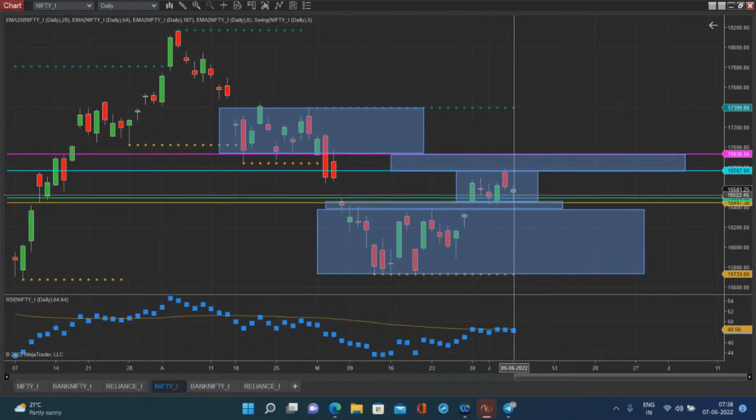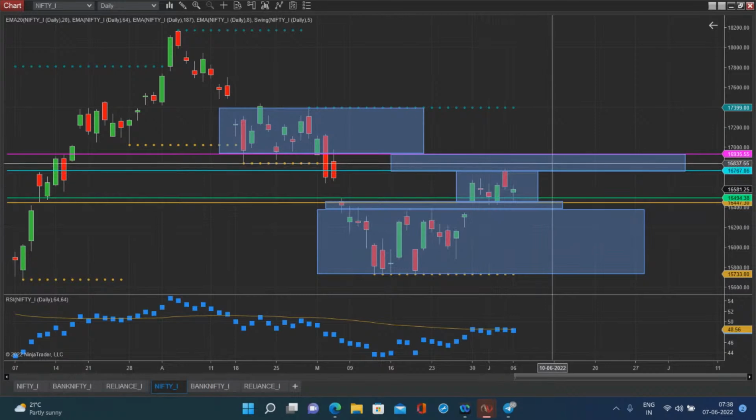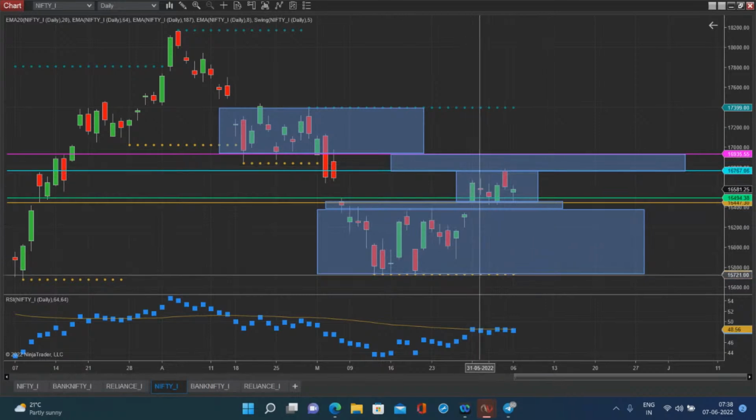Either the scenario is we break 400 and then go down to fill this gap. Every day my plan will have this component. We will break and fill this gap, and once we fill this gap, the weakness of all these players will be gone. Then stronger buyers will come and take the market up again until this particular swing is broken.